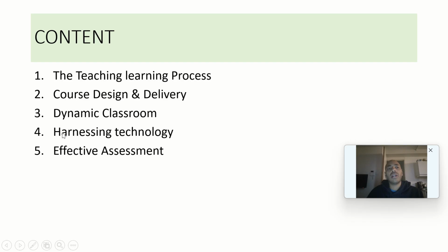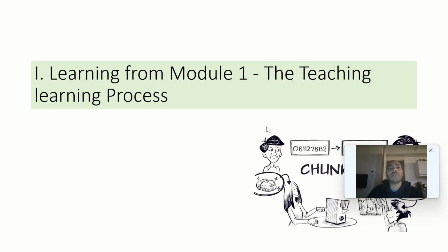And then in the fourth part, we are going to see how we can harness some existing technologies which will make your teaching effective. And finally, we are going to see how you can do an effective assessment, so that you know which student has really learned the lesson and which has not. So let's begin with the first part, the teaching learning process.